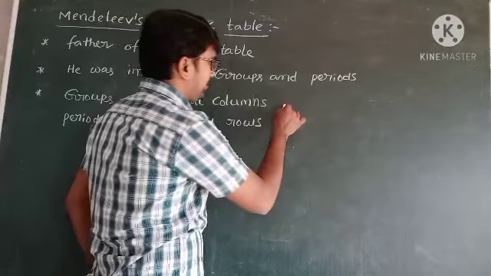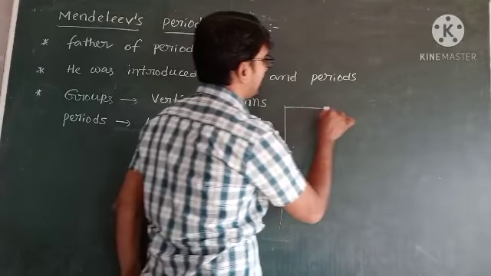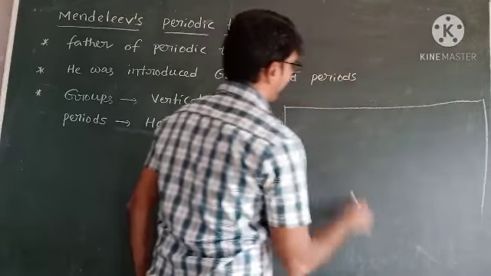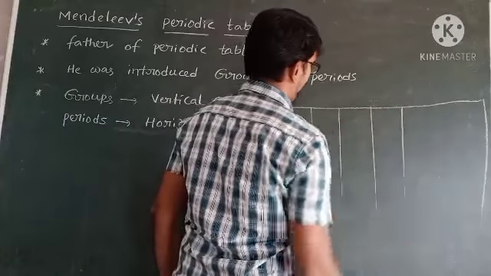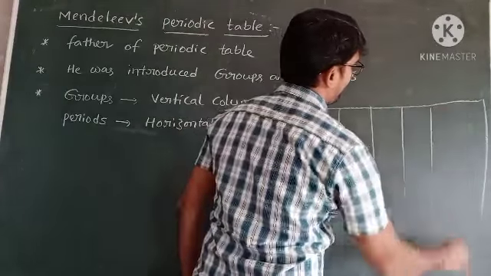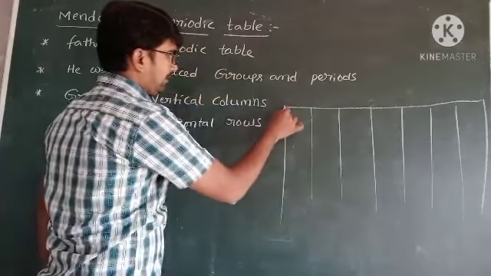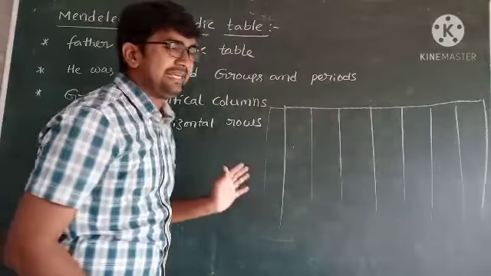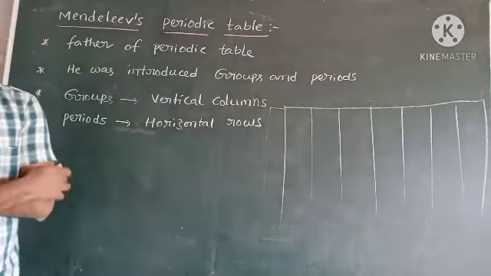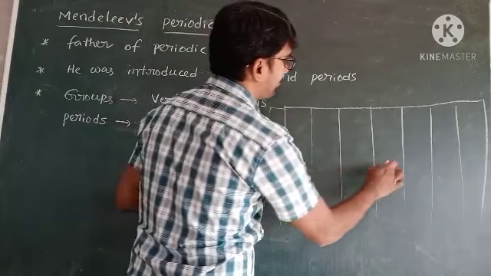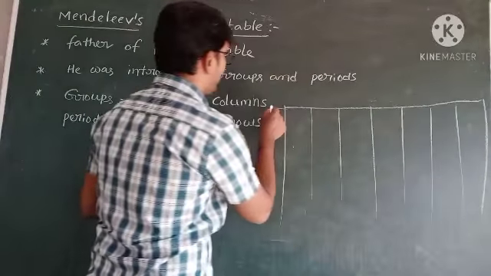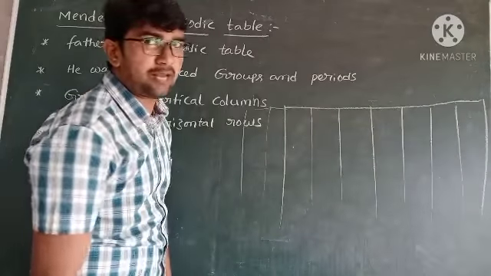Okay, right. So he had nearly 9 groups: 1, 2, 3, 4, 5, 6, 7, 8, and one more. 9 groups are present.